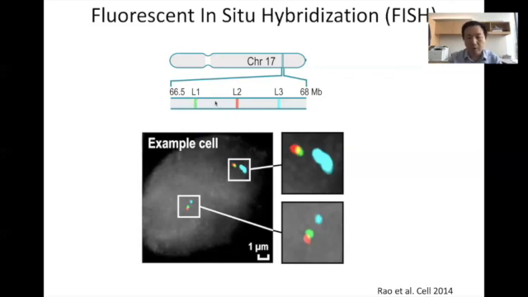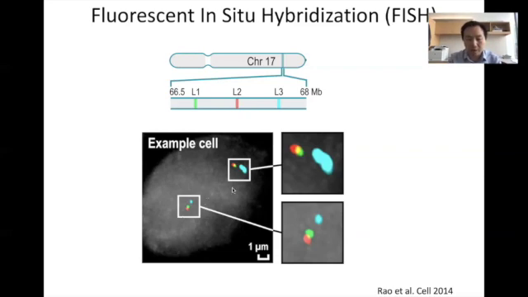Your control is usually, because you are investigating L2, you go to the other direction and label L3 with another color. The idea is that the genomic distance between L1 and L2 and between L3 and L2 is relatively the same, right? Then you do FISH, and you observe them under the microscope.